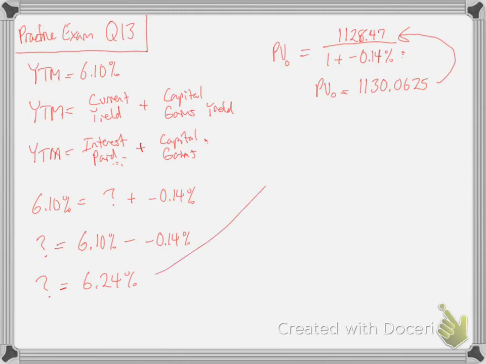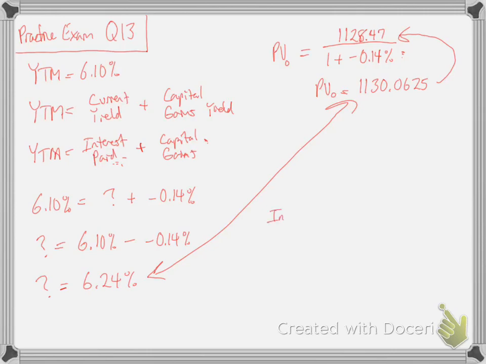So if the bond price started the year at 1,130.0625 and the interest that we were going to be paid during the course of that year was 6.24%, we can simply multiply and arrive at the dollar amount of interest paid.